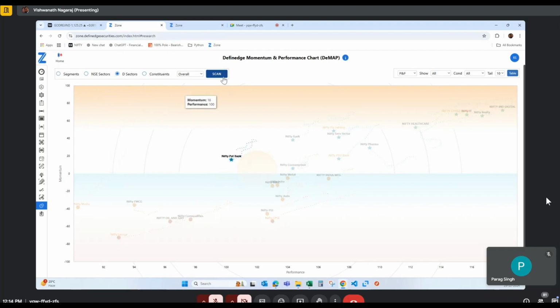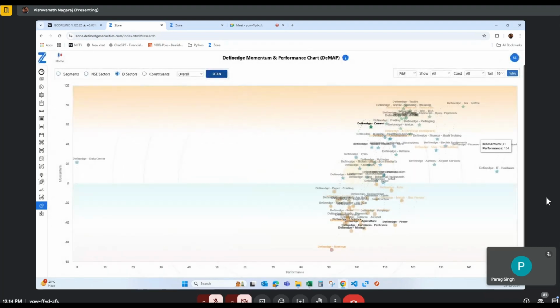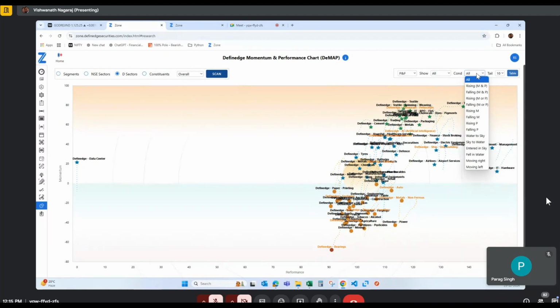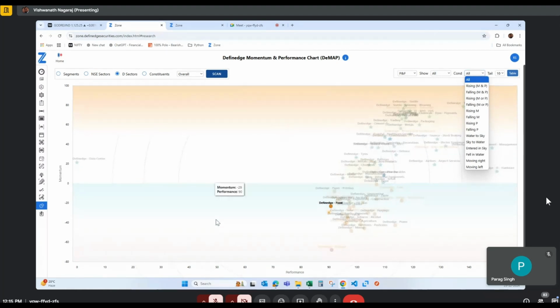But instead what I do, I go check this, right? Now this is all of these sectors, which is all the stocks in NSE. Now what I know, crossing from water to sky is a very, very important parameter. Why? Because it's going from bearish zone to bullish zone.